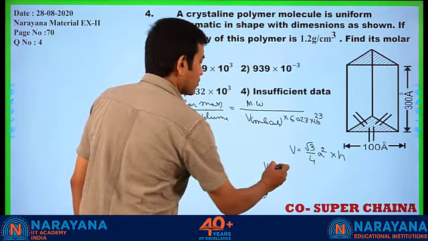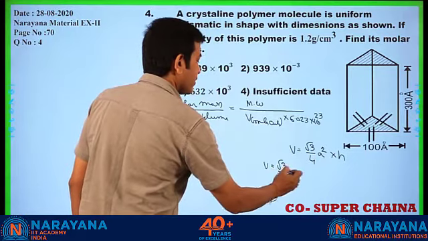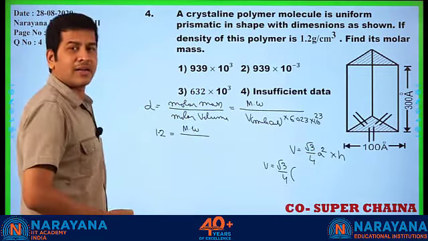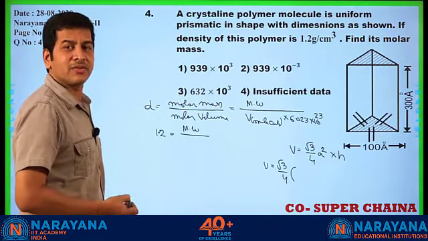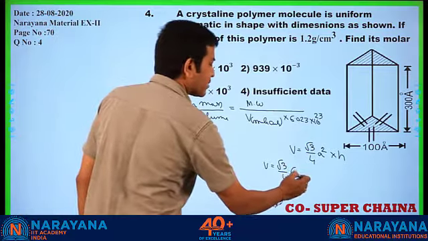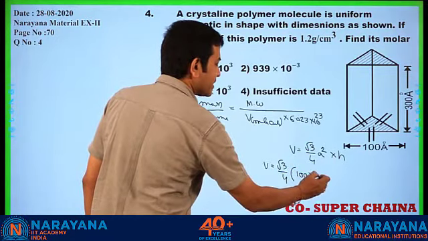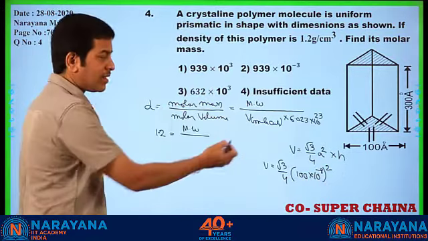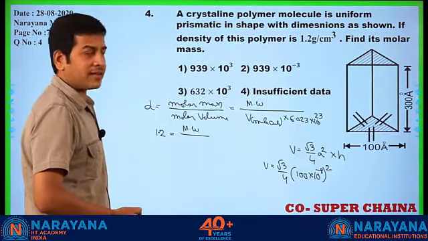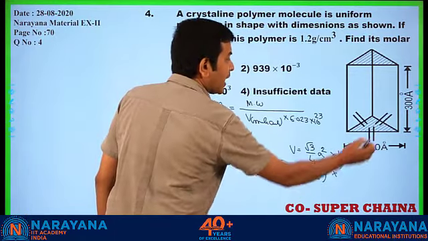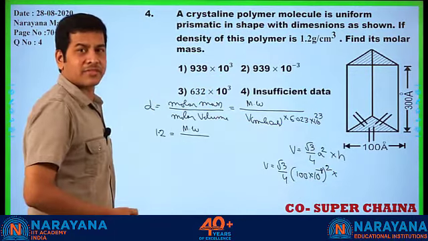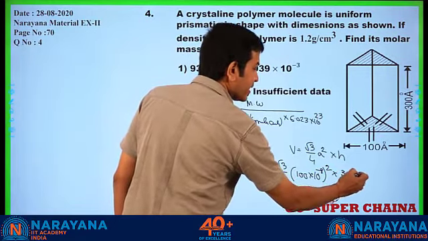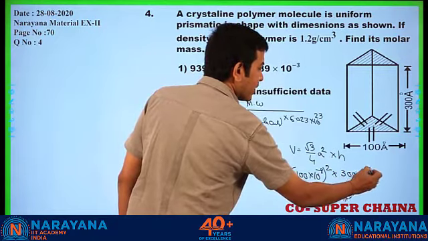So now V is equal to root 3 by 4 into here edge length 100 angstrom units. Change into centimeters: 100 into 10 power minus 8 centimeters whole square, into height, which is given as 300 angstrom units. Change into centimeters: 300 into 10 power minus 8.